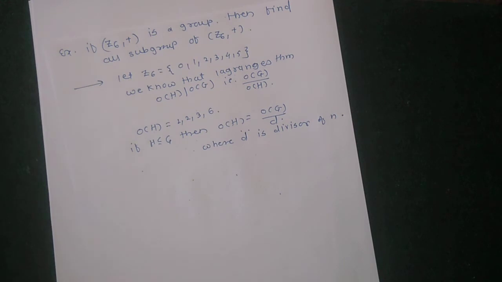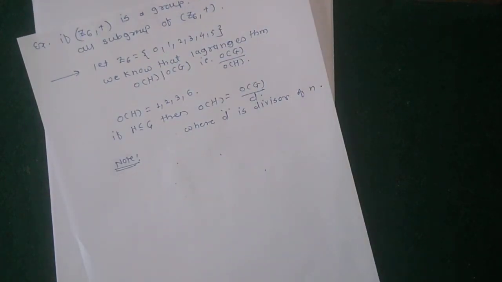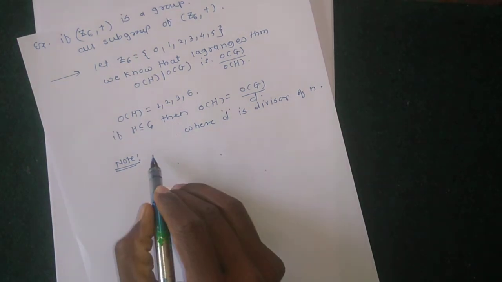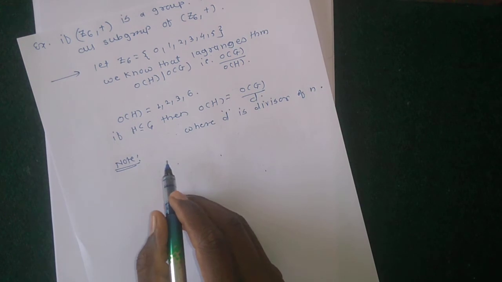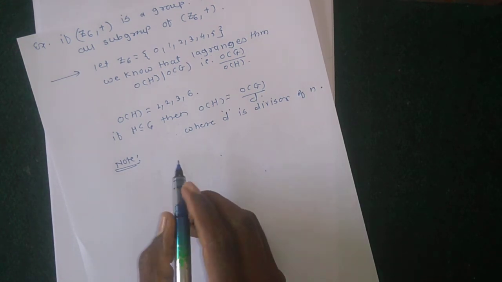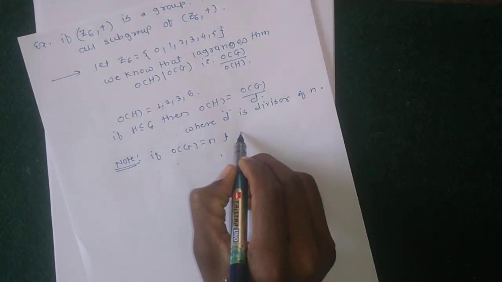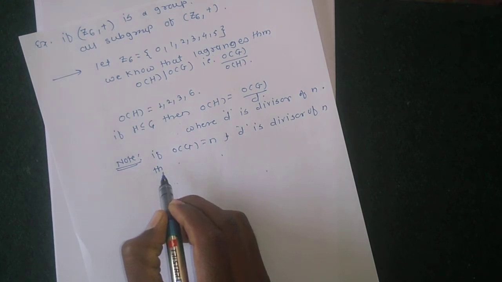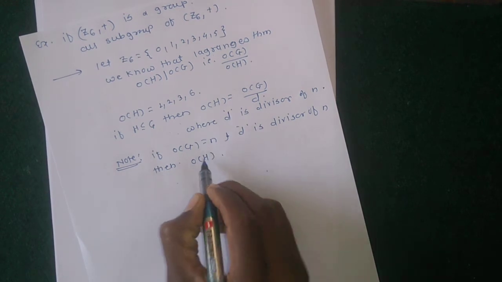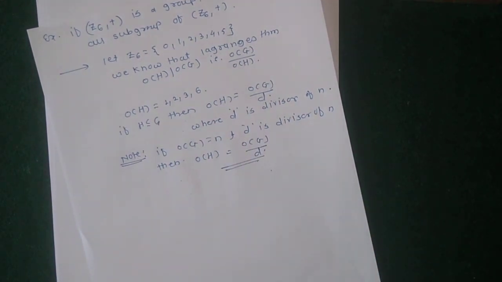So we use the note from the previous example, in cyclic groups, from the definition of cyclic group lecture.